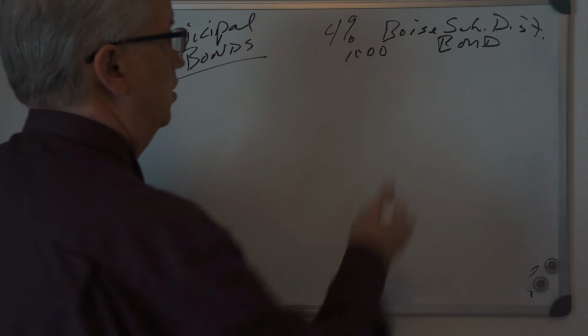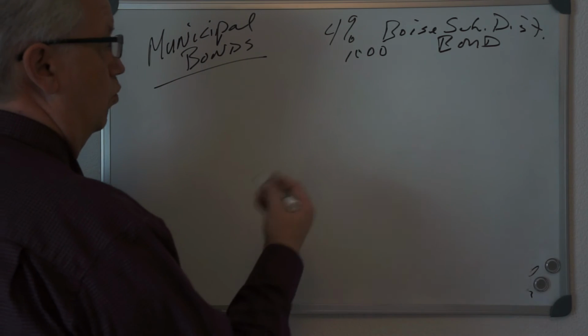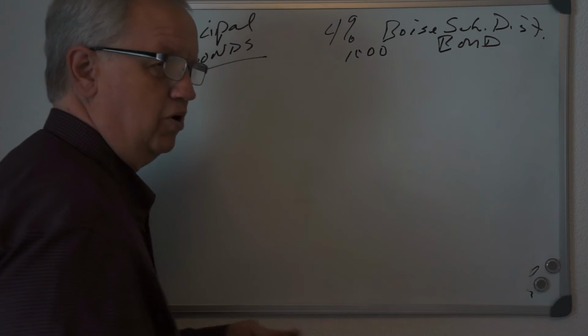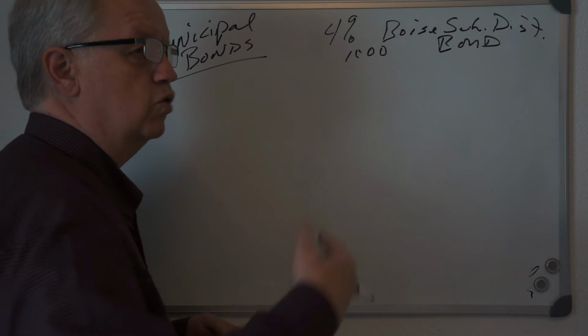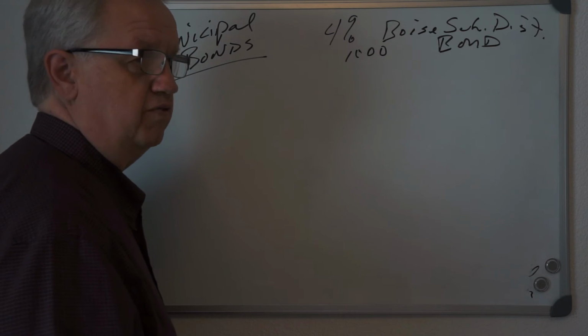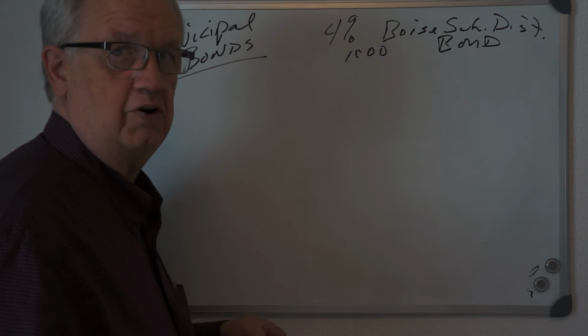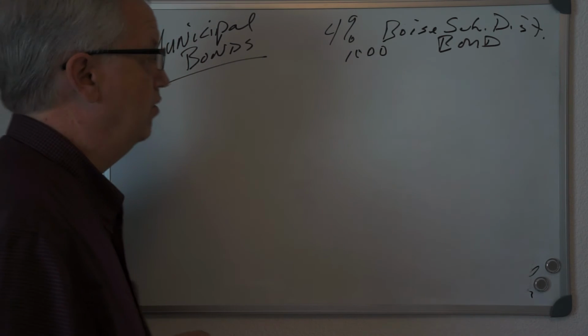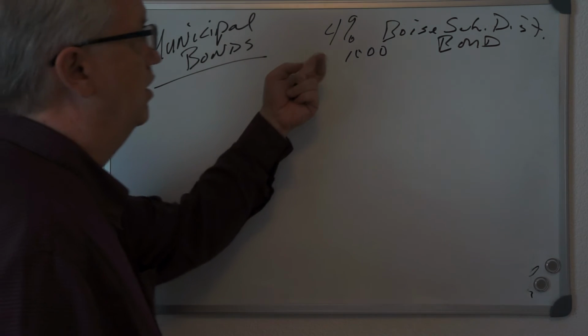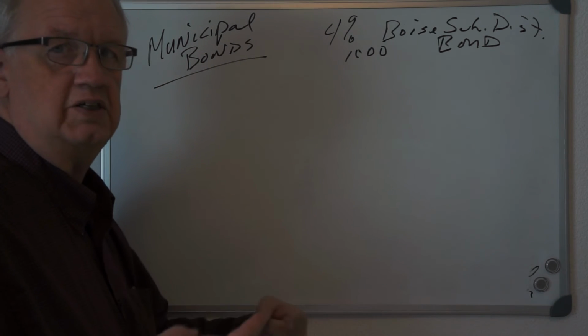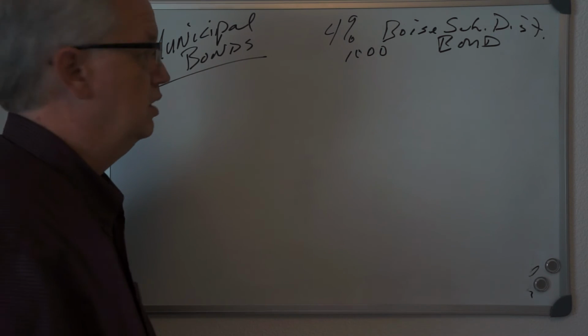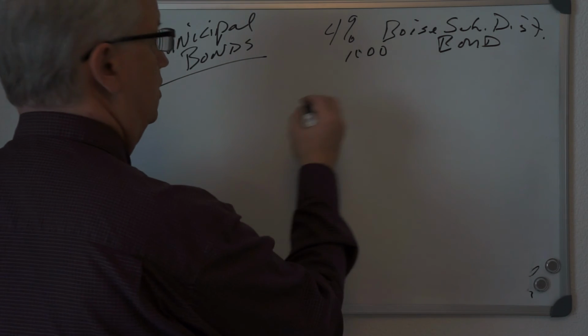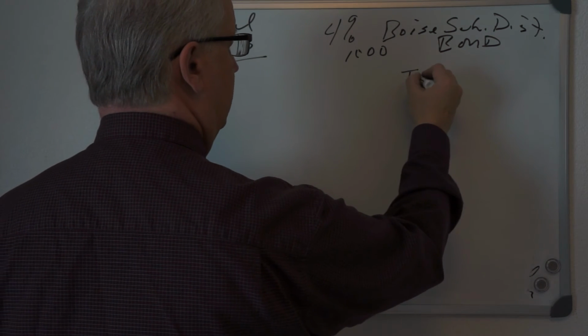Okay? Now, why would somebody get a bond for just 4%? I can get a corporate bond for a lot better return. Really? What better? You've got to figure out what the equivalent is in the taxable market. So what tax bracket are they in?